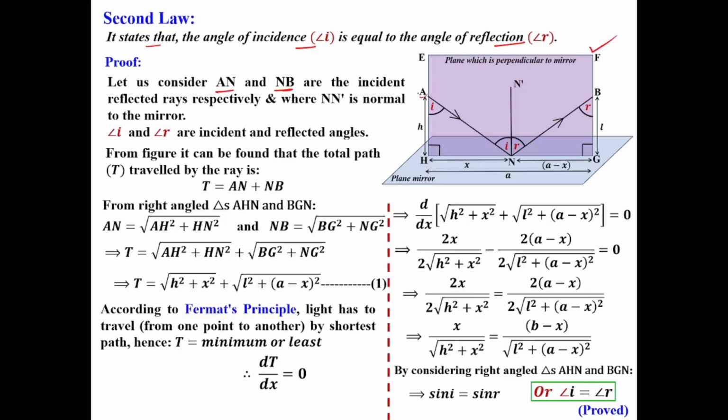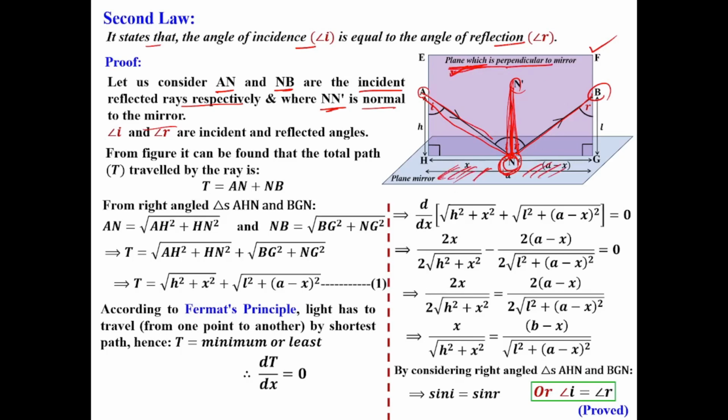AN, A to N, and N to B are the incident and reflected rays respectively, where NN dash is the normal to the mirror at N. This is your N and N dash, the normal to the mirror, but here AN, NB, NN dash are all present on this plane, which is perpendicular to this mirror.